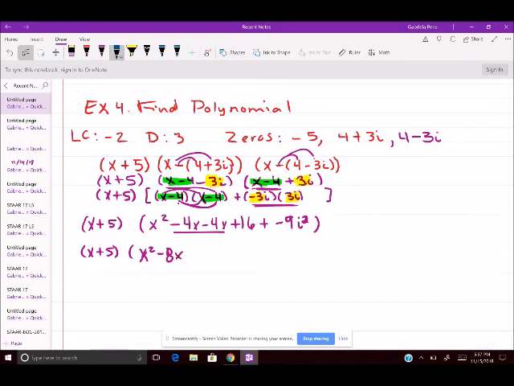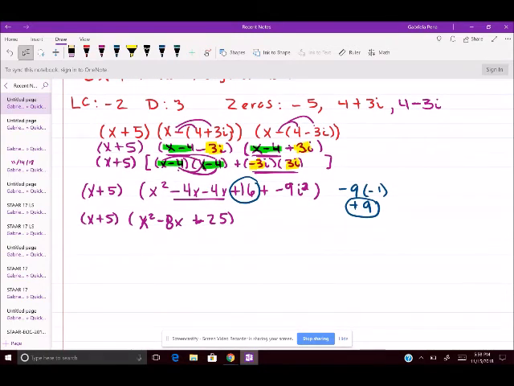Now, working here on the side, an i squared is a negative 1, so this becomes a plus 9. But you also have a 16 plus the 9, which gives you a plus 25. Now I have to continue and multiply those two.